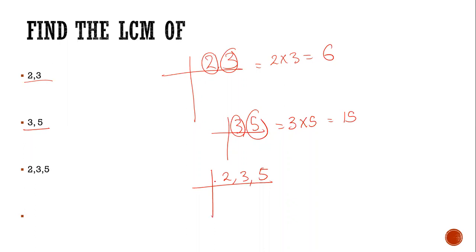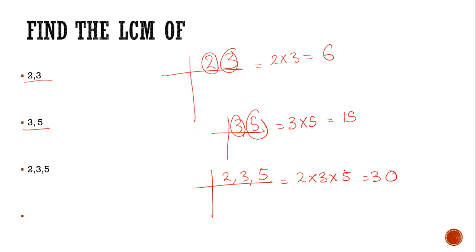Is there any number aside from 1 that can divide 2, 3, and 5? No. How about at least two of them? No. So it's just 2 times 3 times 5. 2 times 3 is 6. 6 times 5 is 30.